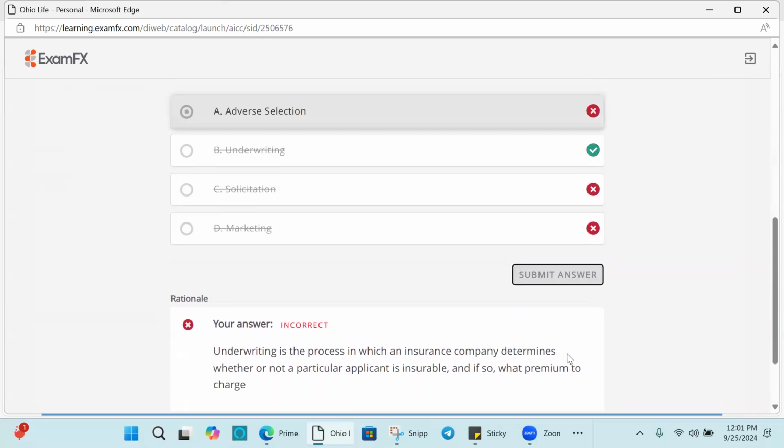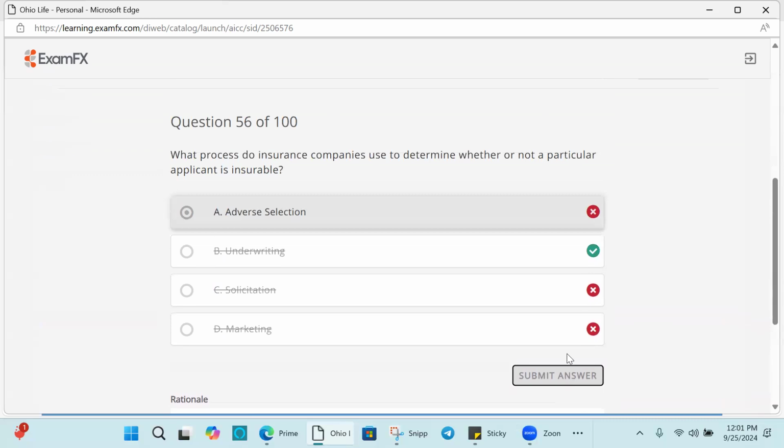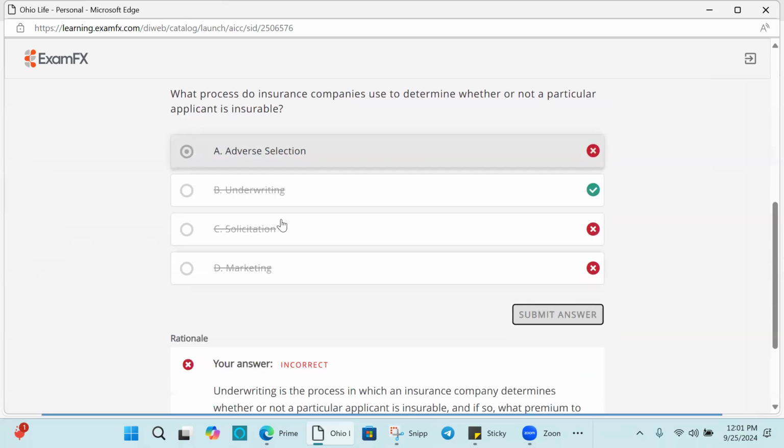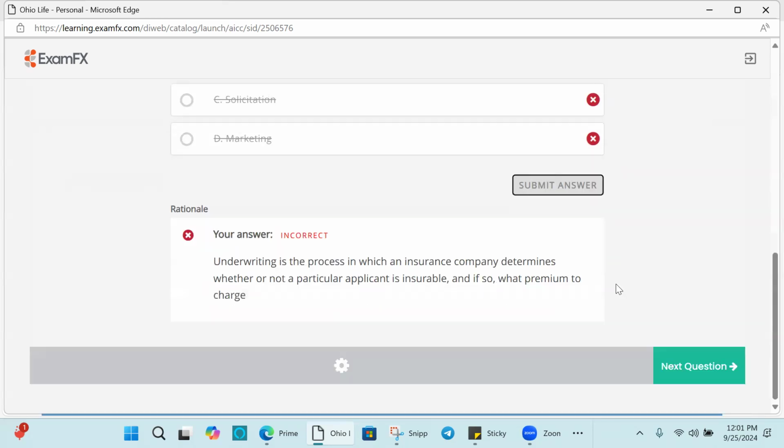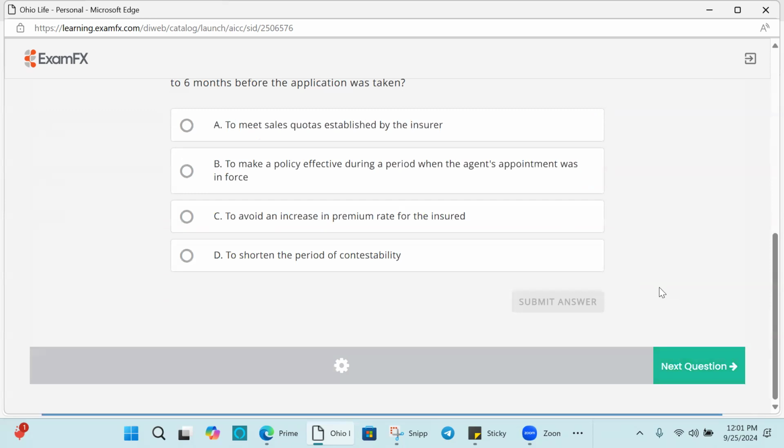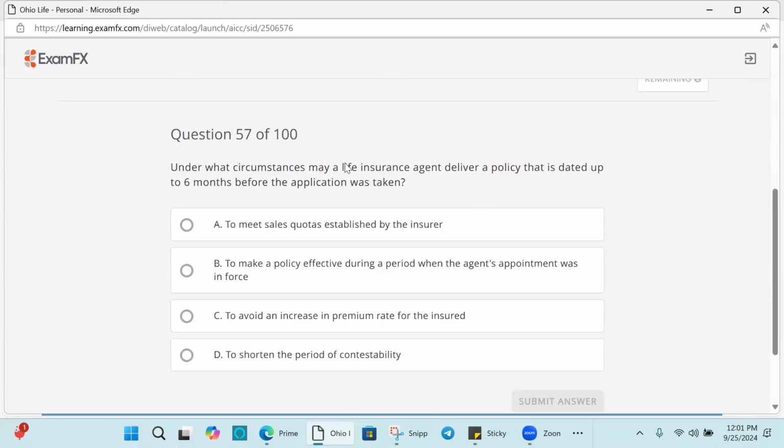What is adverse selection? Adverse selection just means that people who need life insurance most urgently will apply for it most urgently. If I don't think I have anything wrong with me, I might not apply, but once I find out I might have something wrong, I'm going to apply because I may need it. Underwriting is to prevent people with poor risk from applying. The underwriting department determines if the person is going to be covered or not.